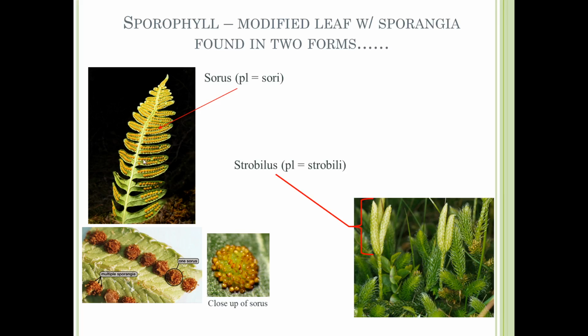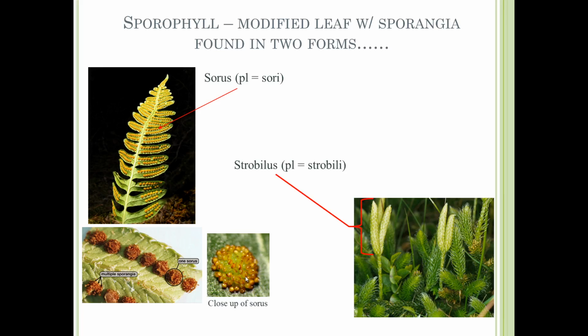So if you take this area right here and you blow it up over here, each one of these little clusters is called a sorus. And if you look at the sori, there are all of these little round circle things, and these are all multiple sporangia. So each one of these little circles, this guy, for example, is a single sporangium busy making spores.